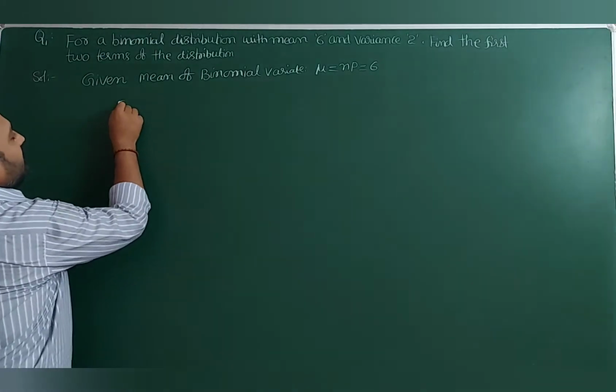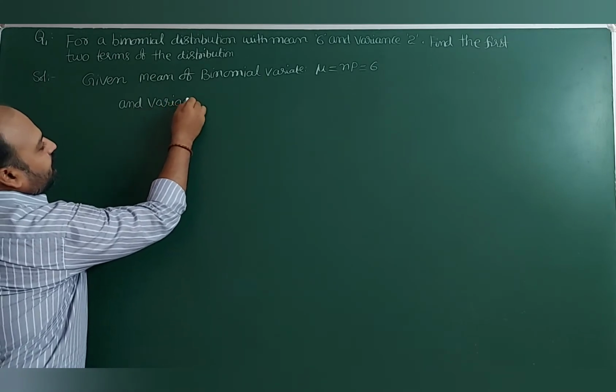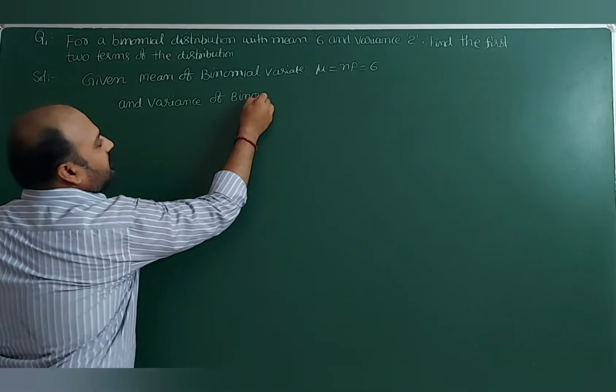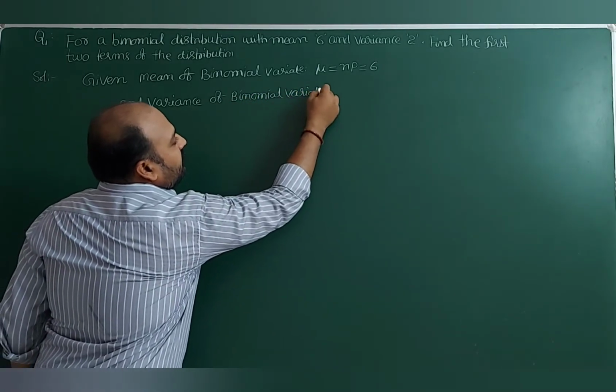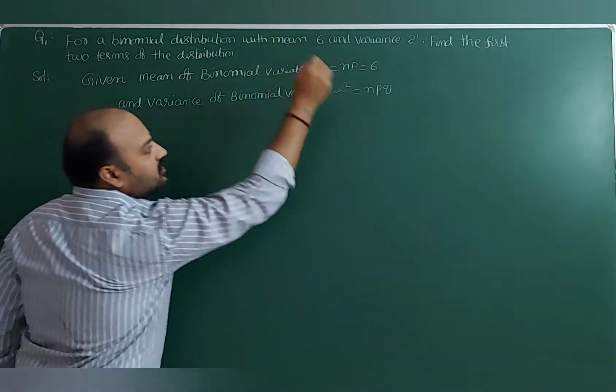And the variance of the binomial variate, sigma square is equal to npq. How much is it given? 2.